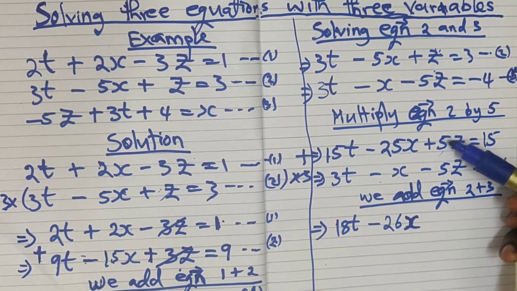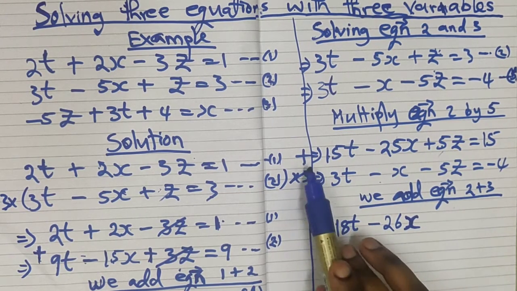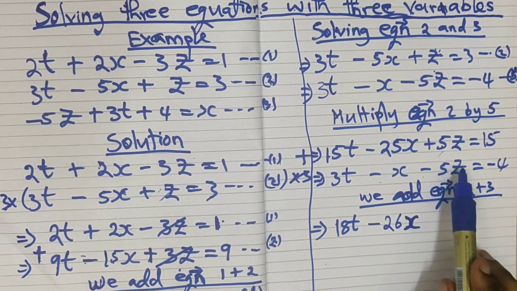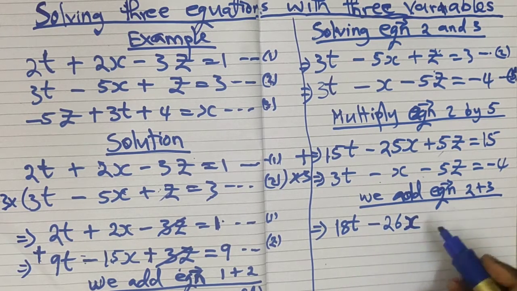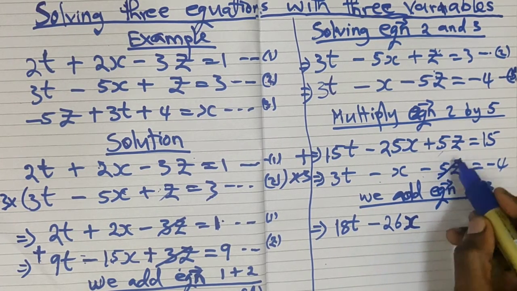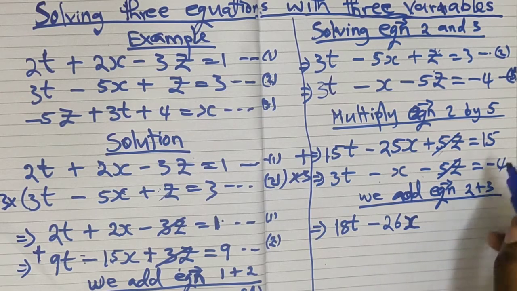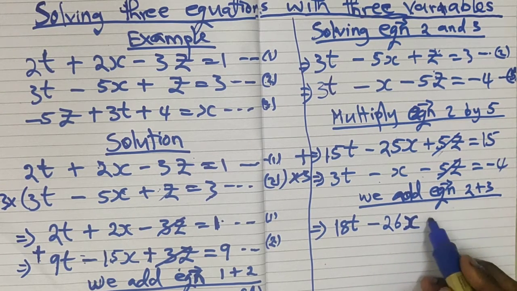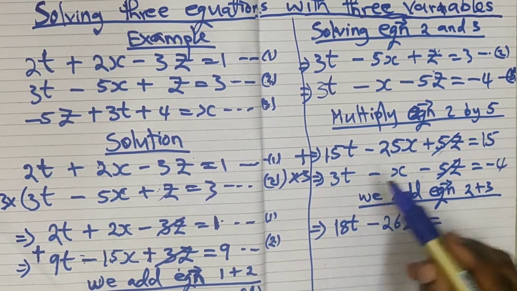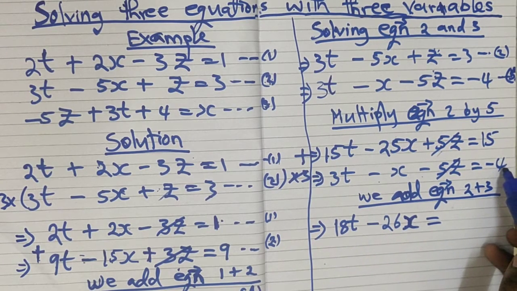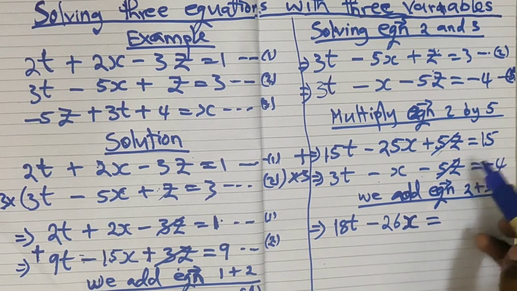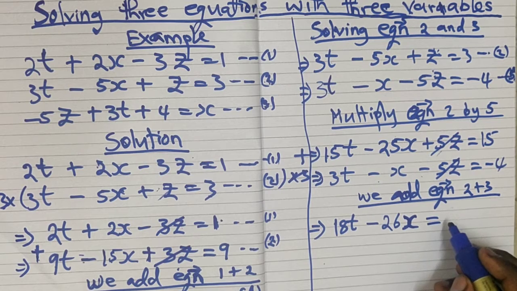Now, if you add this, 5z plus negative 5z is 0. So this and this will cancel. So we are left with what? 15 plus negative 4, just like 15 minus 4 is 11.